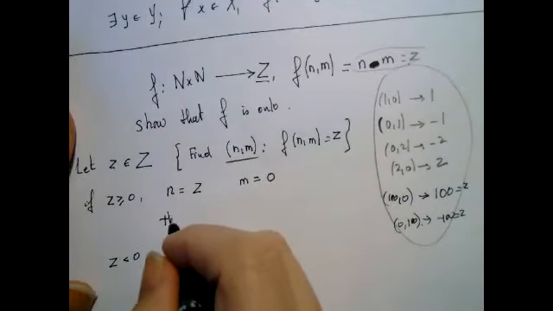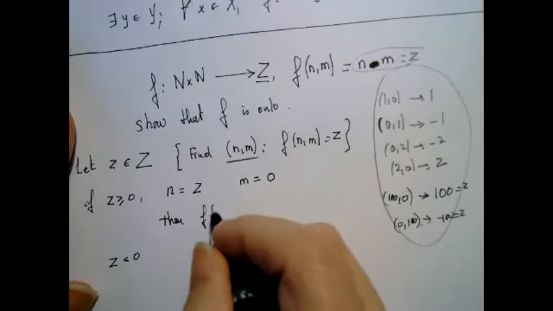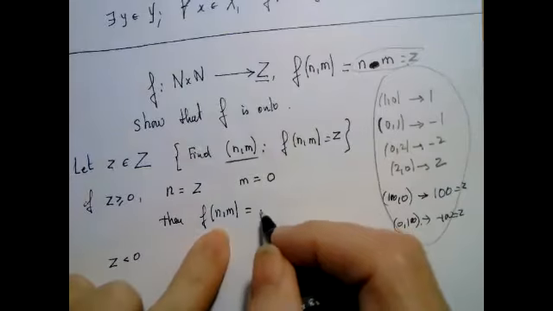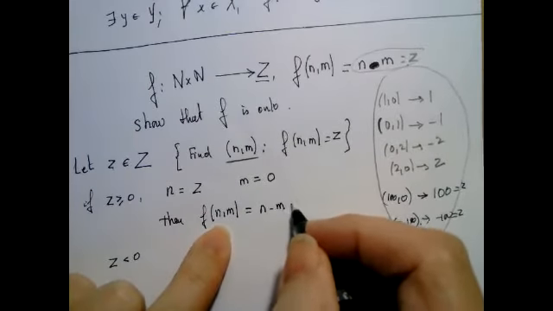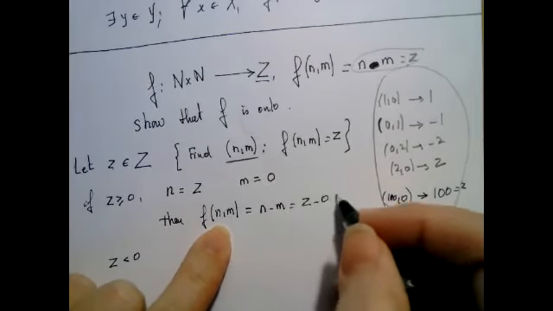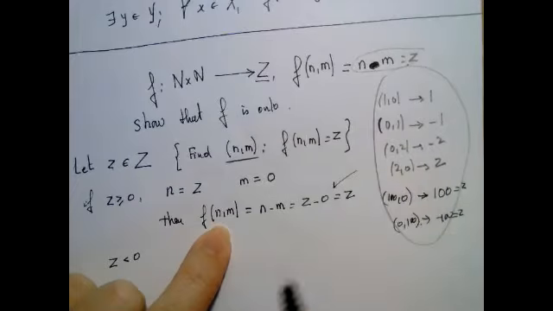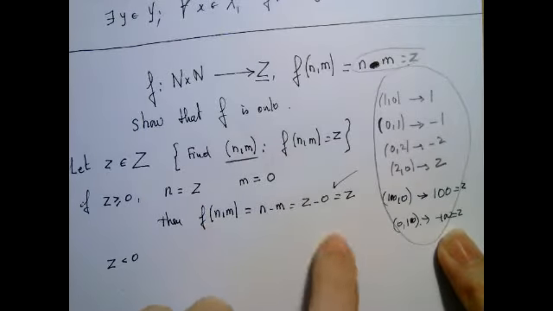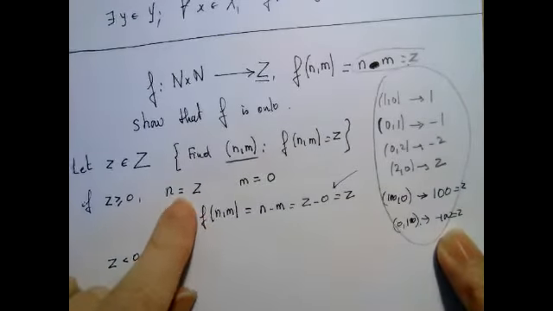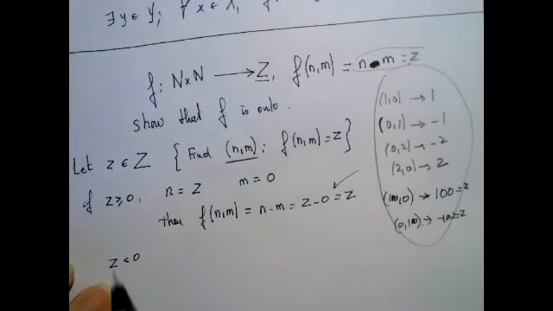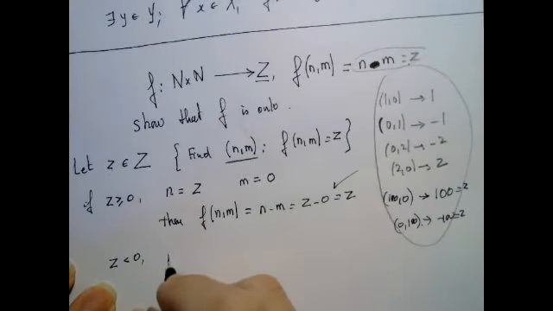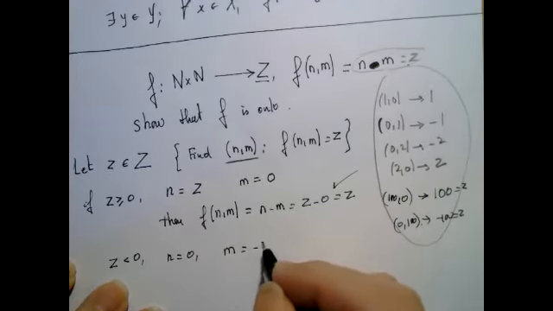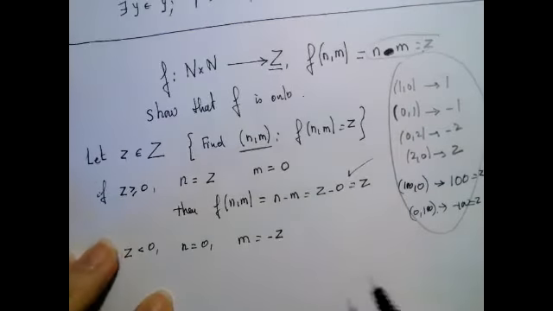Then f of (n, m) is equal to n minus m, which means Z minus 0, equal to Z. So if Z is positive, I can just pick n and m to be Z and 0. If Z is negative, I pick n to be 0 and m equal to minus Z. So we make an argument.